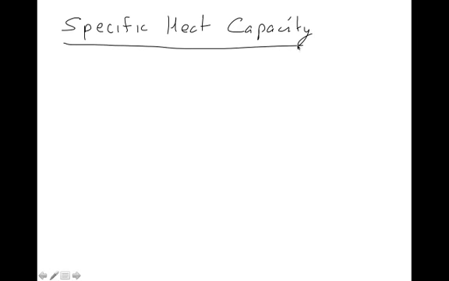Specific heat capacity. This is a measurement of how much heat it takes to change the temperature of a substance, in this case 1 gram of a substance, by 1 degree Celsius.